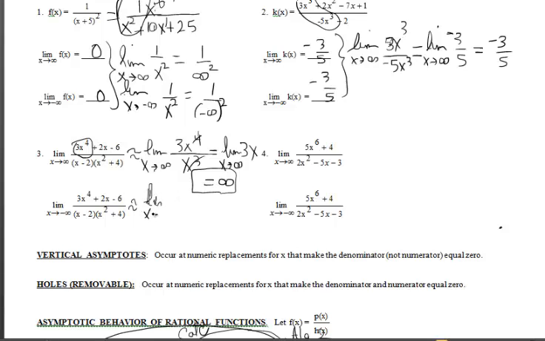The limit as x approaches negative infinity. Let's capture the model again. Like I said, we have 3x to the 4th, your leading term.